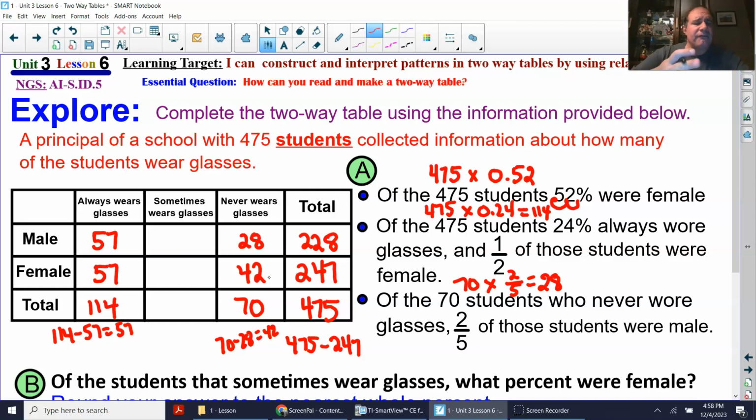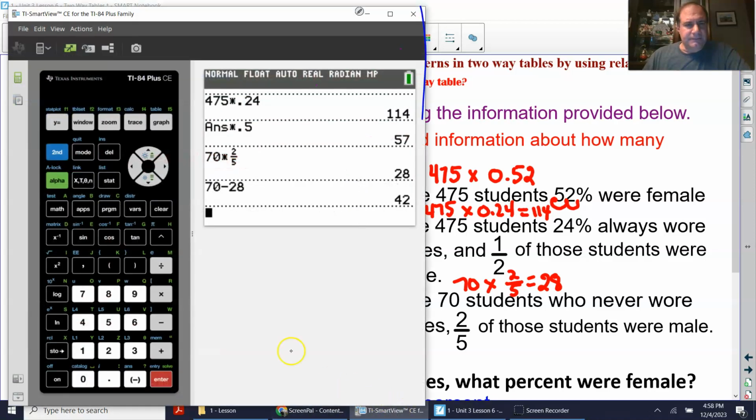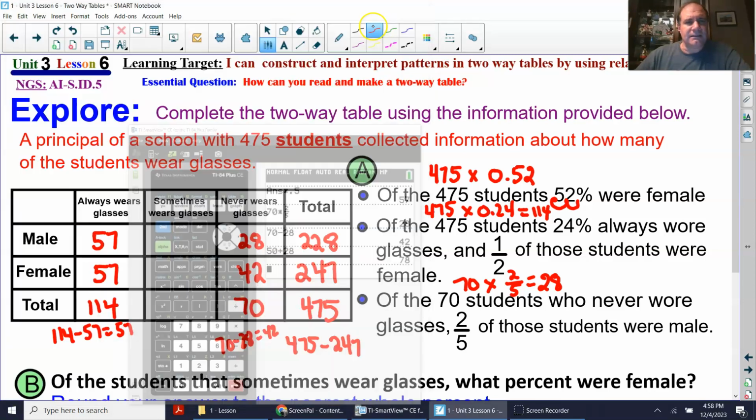Now, we don't have 2 columns. We have 3 columns to add up to a total. So what we have to do is I'd like to get all of these numbers right here. We have to add the 50 plus the 28. So 50 plus 28, and then you would get 78.